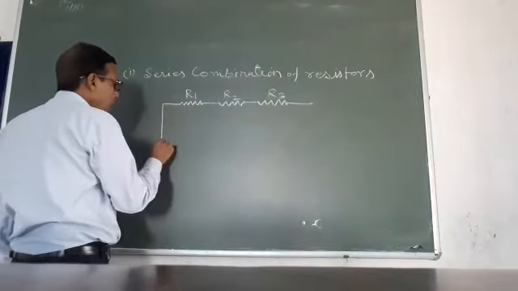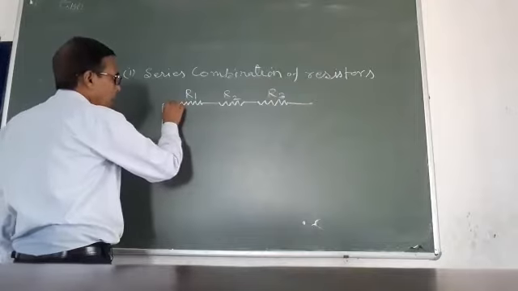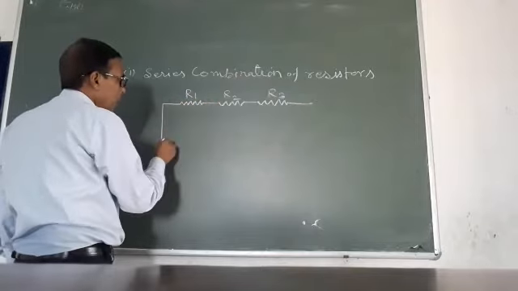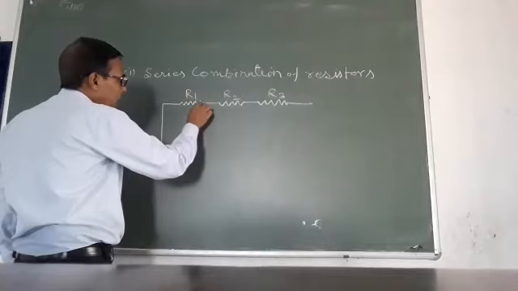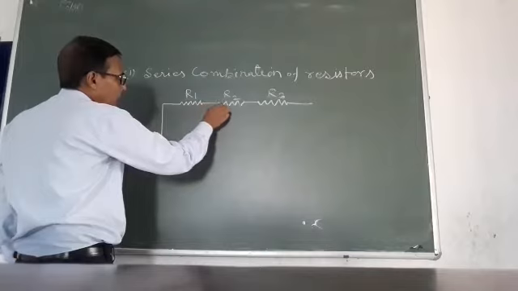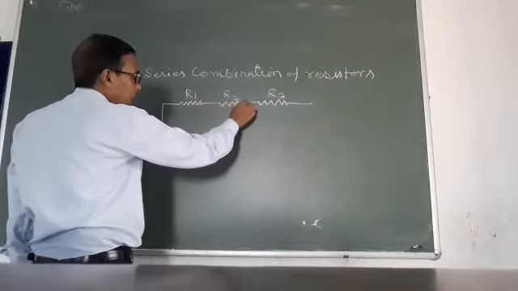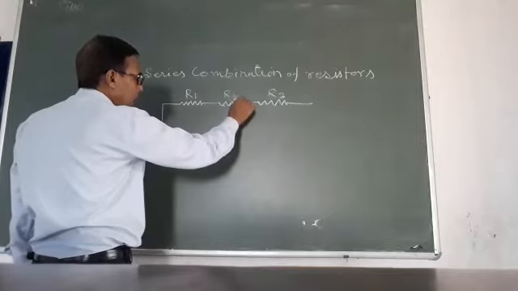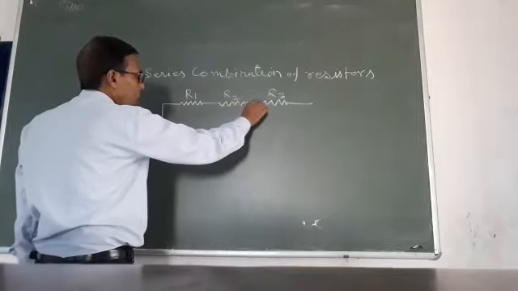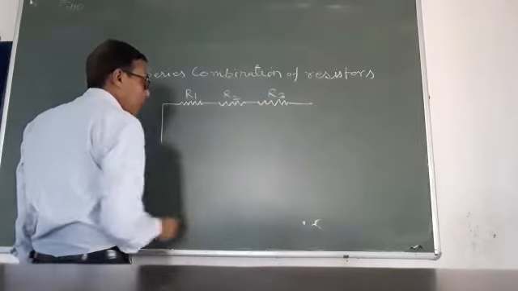These three resistors are connected in series such that the second end of the first resistor is connected to the first end of the second resistor, and the second end of the second resistor is connected to the first end of the third resistor.